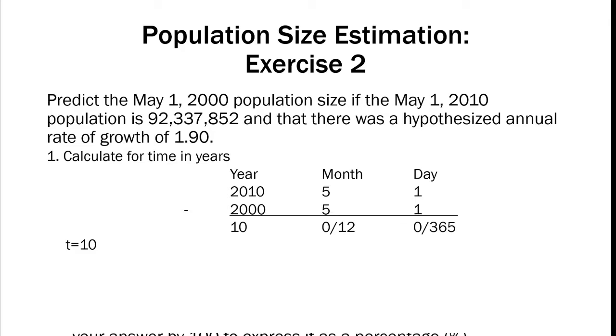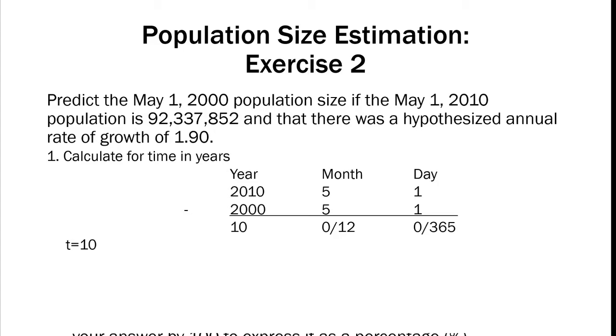So we are asked to predict May 1, 2000 population size if May 1, 2010 population is 92,337,852 and that there was a hypothesized annual rate of growth of 1.90. Now, if you would notice, the dates that have been given in this second exercise are the same dates that we have for the first exercise.